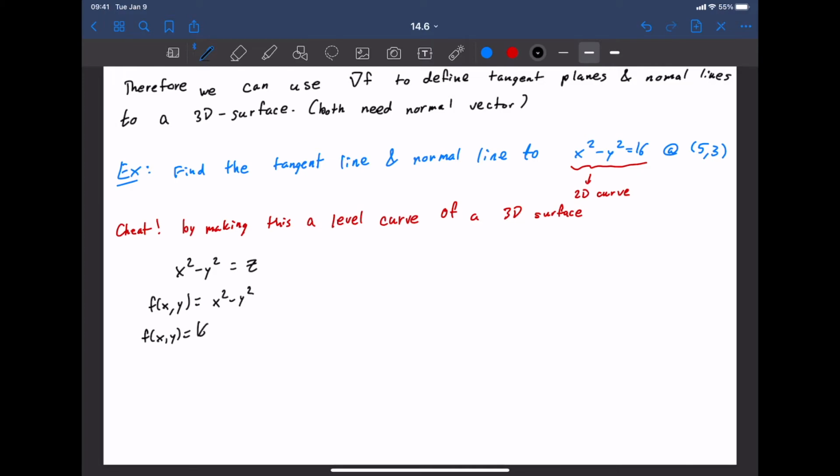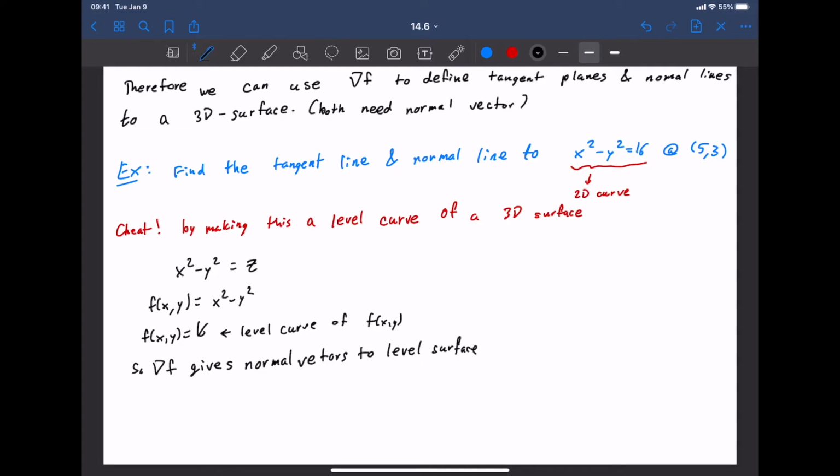That's exactly what we've talked about. So this is a level curve of that f of x, y surface. Okay? So the gradient of f gives normal vectors to the level surface.